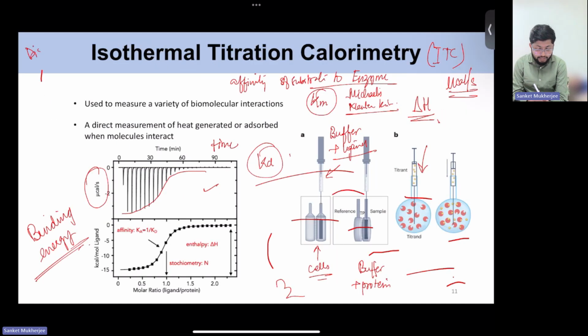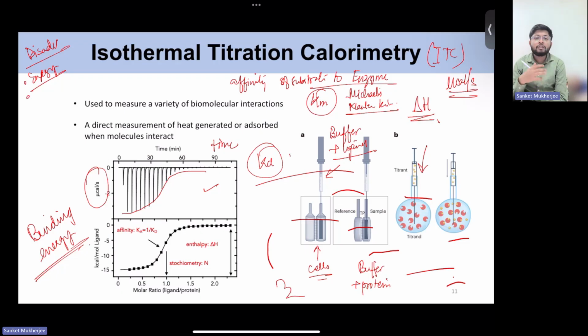So there are certain disadvantages also, because energy change or the heat generated due to anything else, due to two buffer compositions which are combining with each other, will also be taken into account. So it's a global method, and it doesn't actually tell you very precisely if it is happening just due to the interaction or there is some other kind of interfering agent.